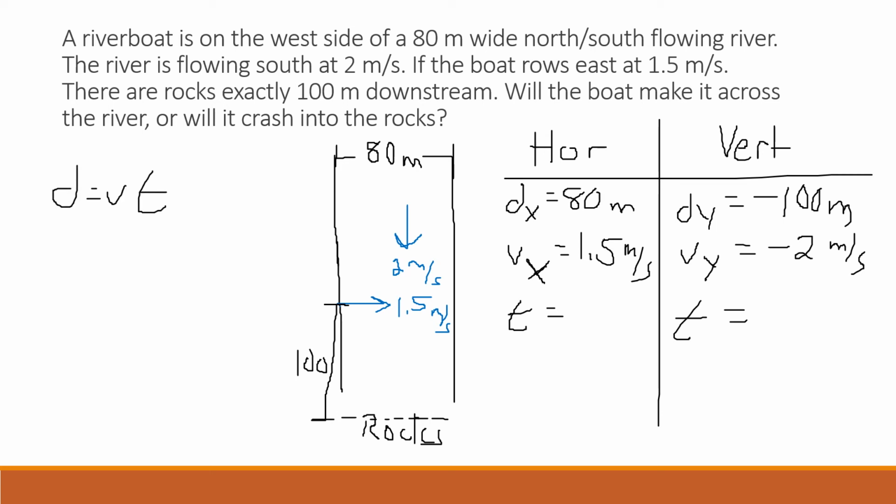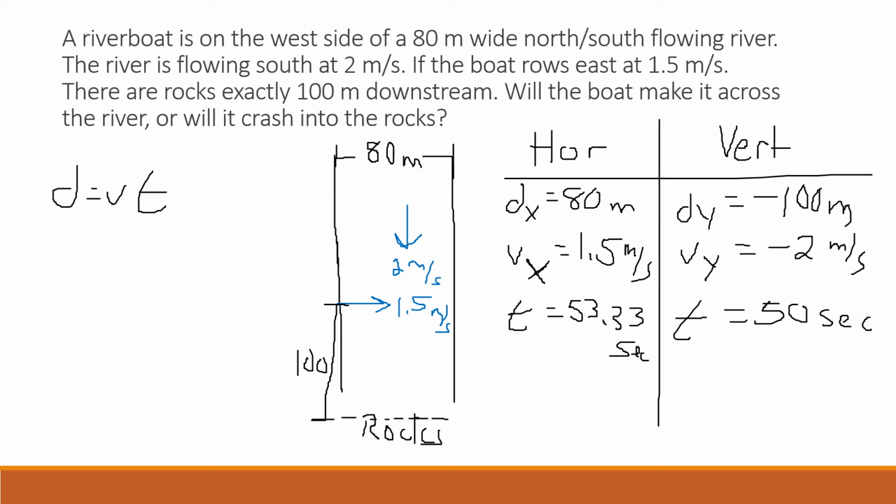So to get time, it's going to be displacement divided by velocity. 80 divided by 1.5 equals 53.3 seconds. Negative 100 divided by negative 2 is 50 seconds.